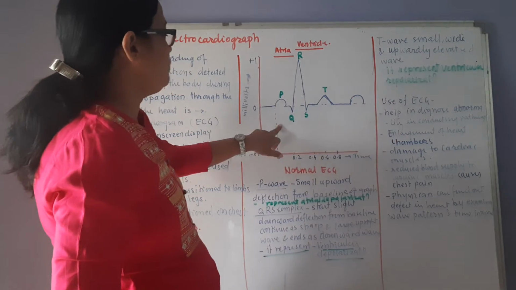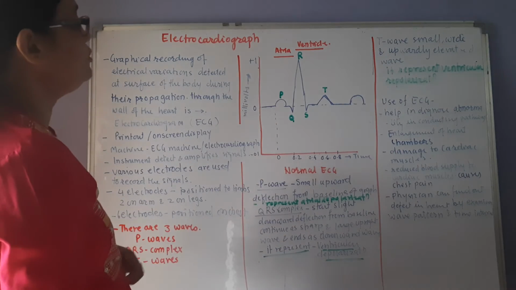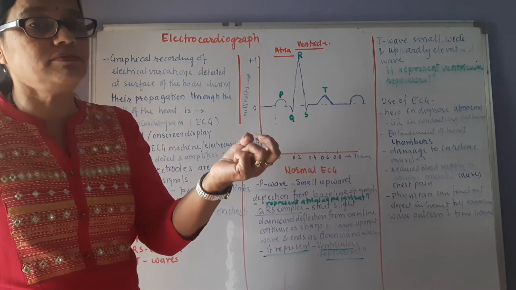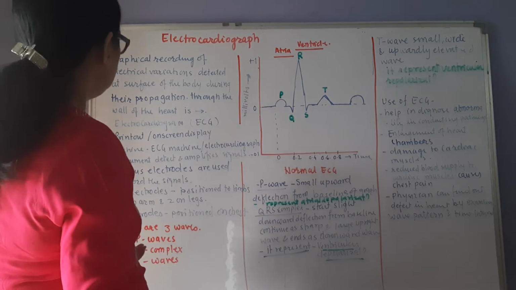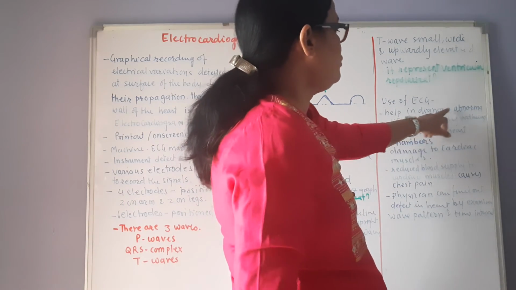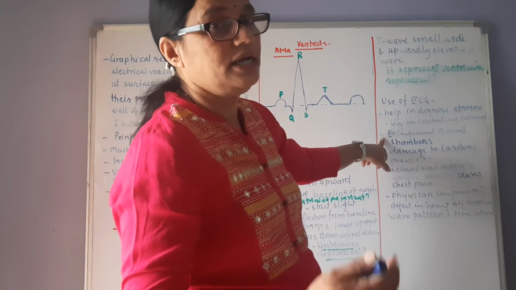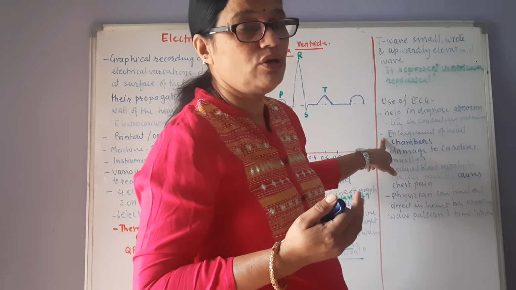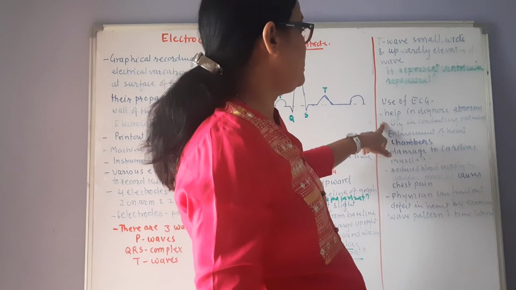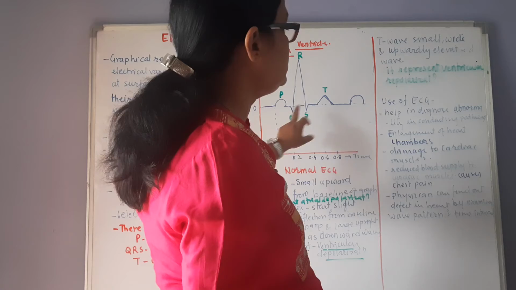So in this way the ECG can detect and diagnose abnormality in the mechanism and functioning of the heart. ECG is used in diagnosing abnormality in the conducting pathway. How the conduction of the waves is done, properly or not, is detected by studying the ECG.